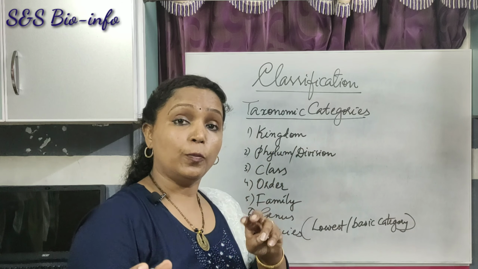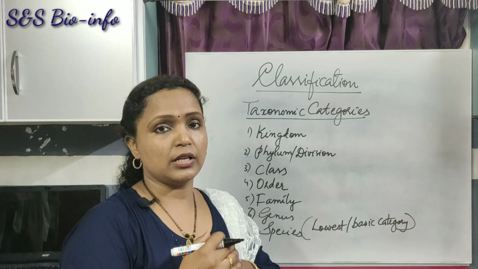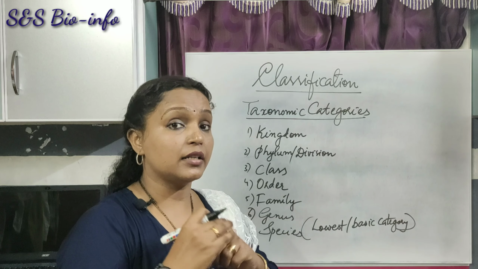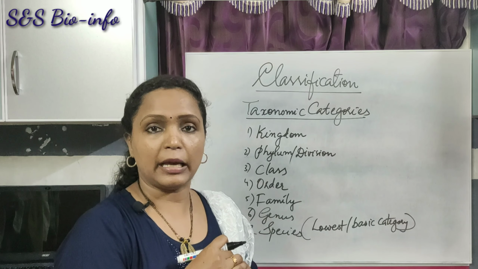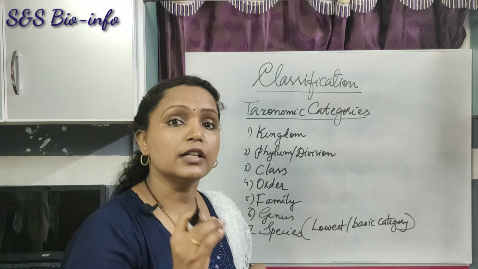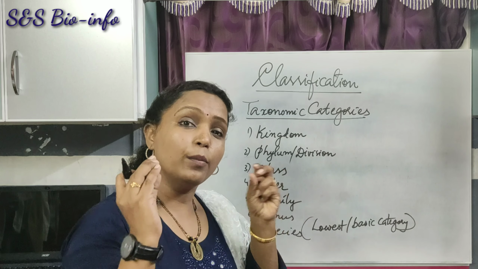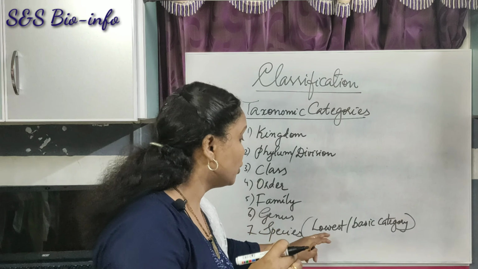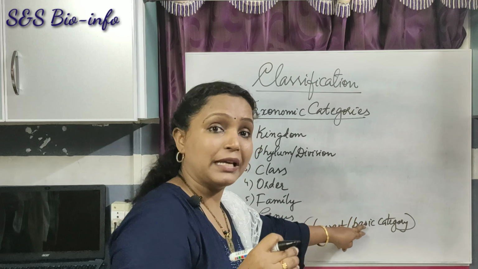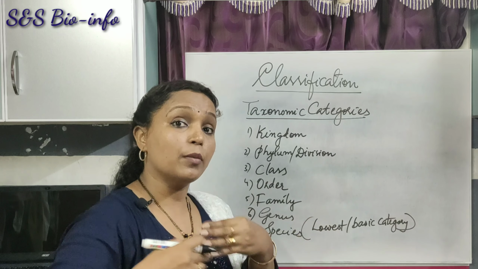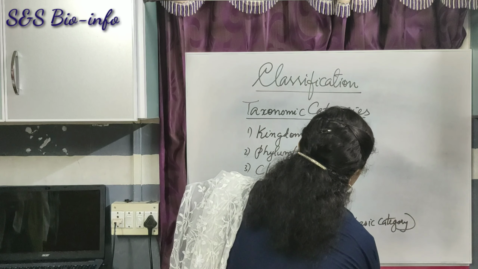Species is a group of related individuals which have some common similar features and are able to interbreed among themselves to produce fertile offsprings. That means they exhibit more similar features. So this is the lowest or basic category with more similarities.